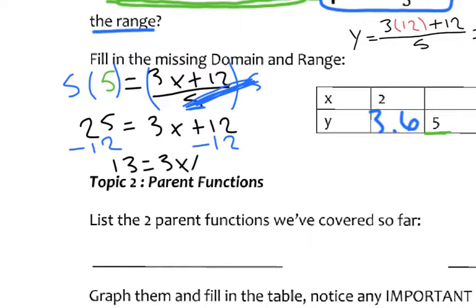And then I divide by 3. These cancel out. And I get 13 over 3 equals x. And that's what my x is.